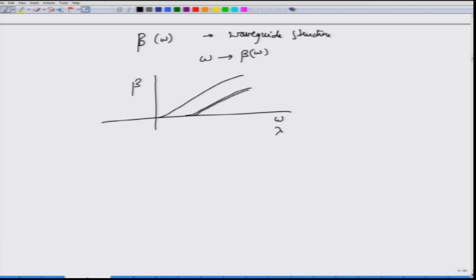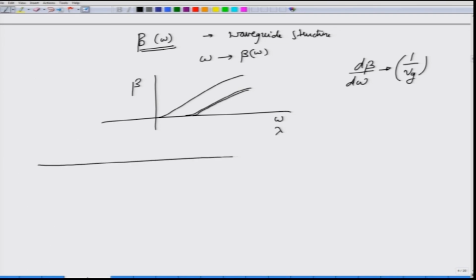So, instead of talking about beta as a function of omega, you can talk about beta as a function of lambda, and you will be able to obtain through numerical methods how this beta actually varies with respect to omega. And because beta is not a straight line, the derivative of beta with respect to omega, which will give you 1 by group velocity, will not be a constant term, because beta is a nonlinear function of omega. Okay.